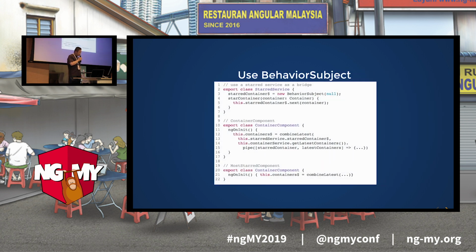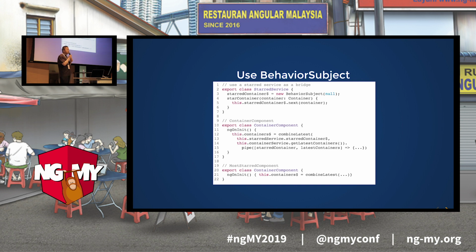At the very beginning, we didn't use NgRx or any other third-party state management tool. We just used the behavior subject. We have a middle bridge service which holds a behavior subject. If one component updates the data, we notify this behavior subject service to emit the updated container information.